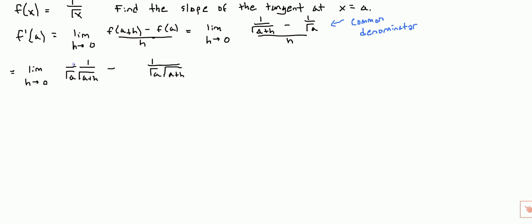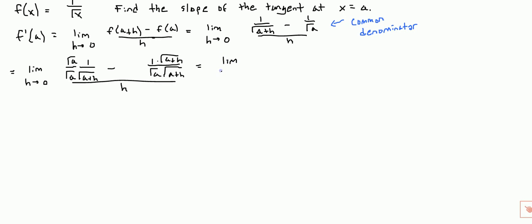And so to legally do that, here we have a square root of a on top, and here we have a square root of a plus h on the top as well. All right, we can't just add in terms wherever we want, right? We have to multiply by 1. This is all over h.